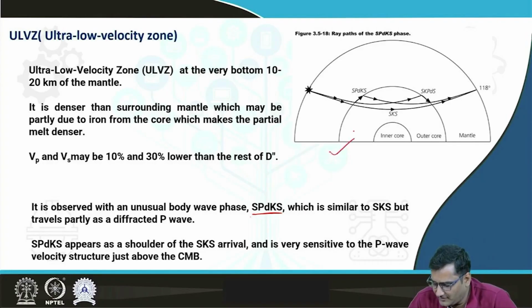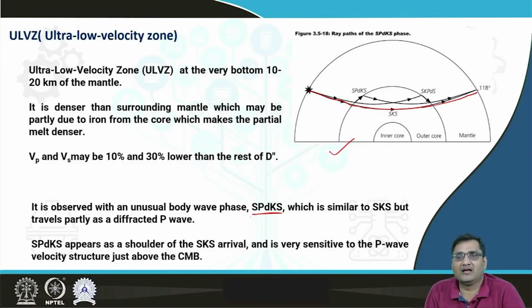If you look at this figure, this is the earthquake and the rays are going as S wave, then travel in the outer core as K wave, and then come out as S wave. These are the normal SKS waves.